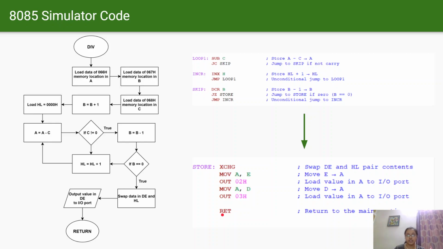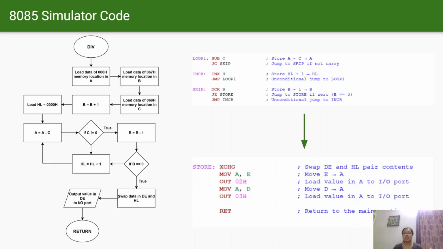If it's not equal to 0, then we are going to increment our HL by 1. Incrementing HL by 1 means that one division has successfully taken place, and then we go on to loop 1, which is again the repeated subtraction process. So by this we can find the quotient, or basically divide a 16-bit number by an 8-bit number.